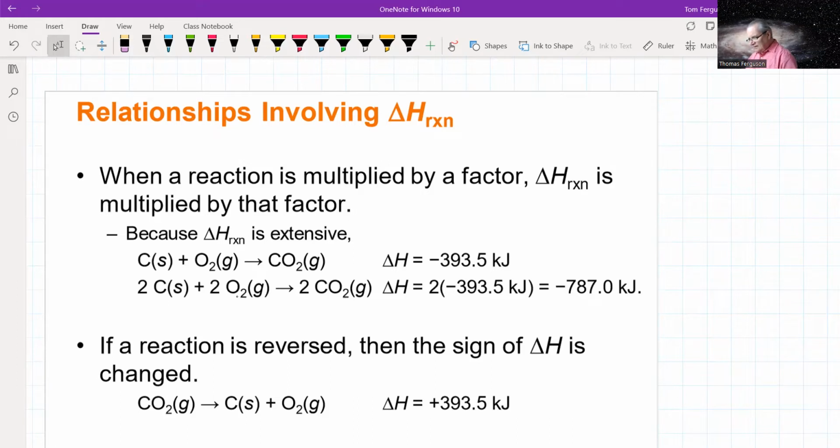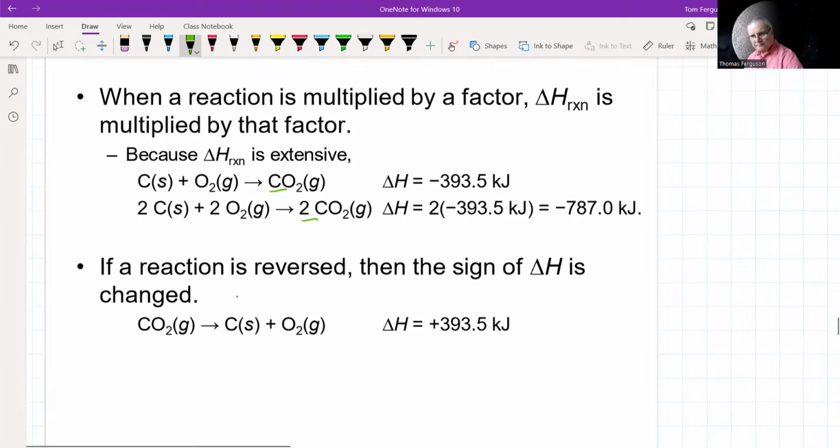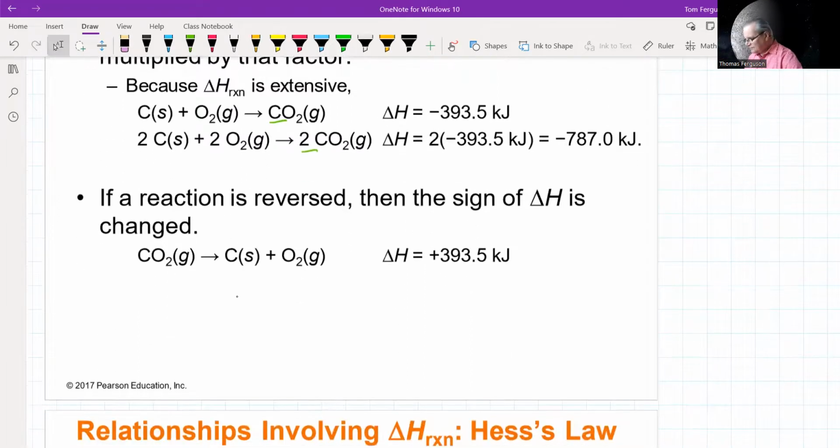Additionally, if we change the direction of the reaction, the sign of the delta H will change along with it. Also, this is a molar relationship. So if the moles go up, the reaction delta H goes up proportionally. So if the moles go up by 2, delta H is multiplied by 2. And if the reaction is reversed, we change the sign of delta H.